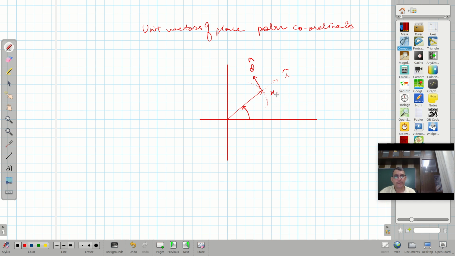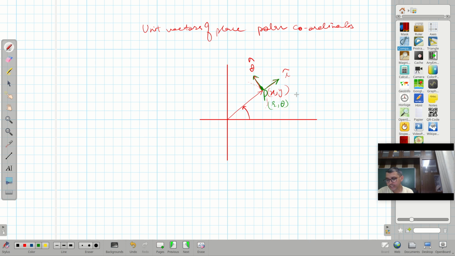So in Cartesian coordinate system, x and y represent what? This is basically our r cap and this is our theta cap. These are the unit vectors of the plane polar coordinate system, and x and y is basically the position vector of this particular point in Cartesian coordinate system, or in polar coordinate system it is represented by r and theta.